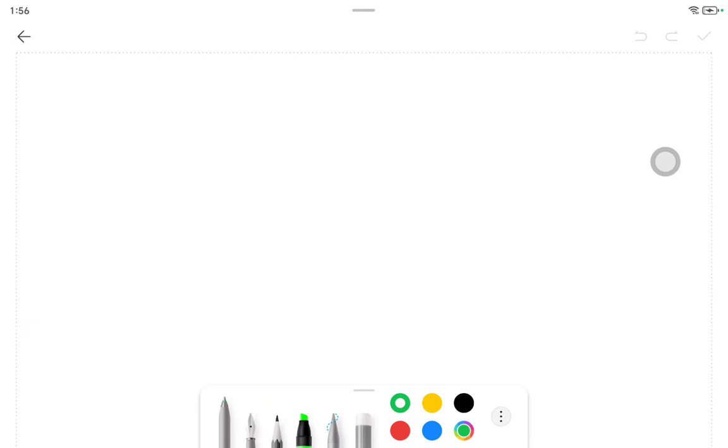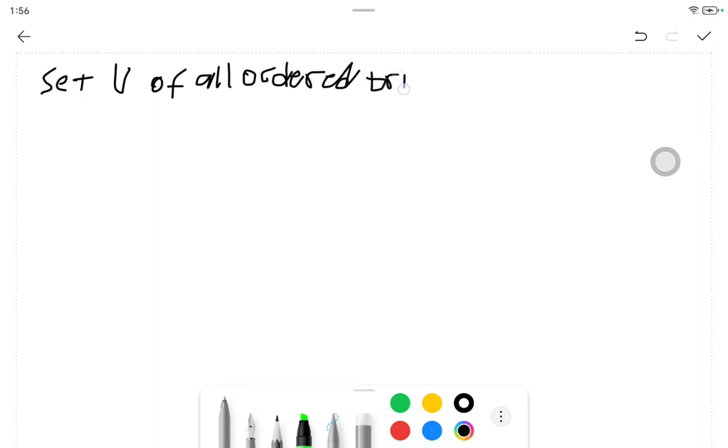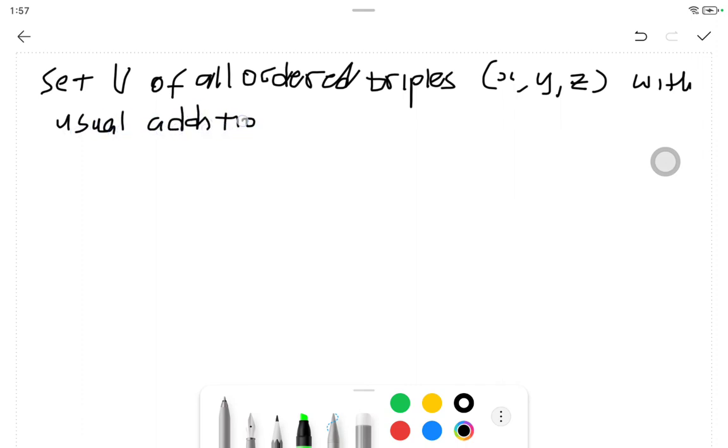If we recall, the question said that we have the set V of all ordered triplets. Whenever they tell you that they have ordered triplets, you must know what they're talking about. Sometimes they won't give you this. Here we have ordered triplets with usual addition, and the scalar multiplication is not usual.